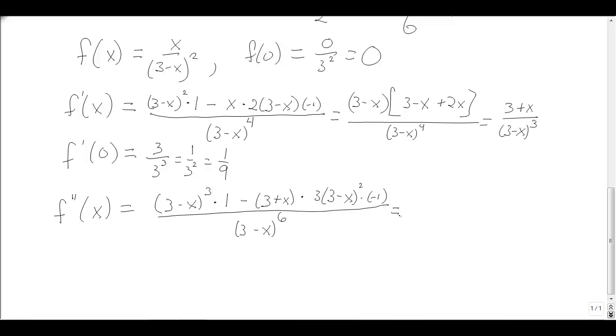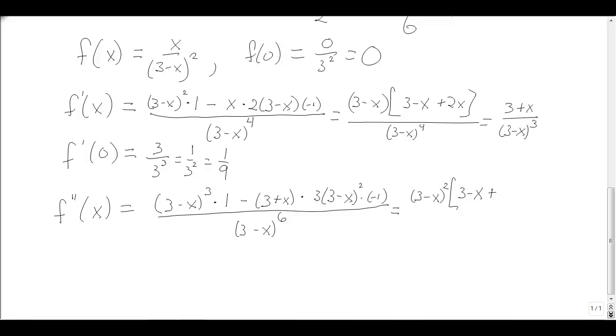And then we can do the same thing we did with the first derivative. I can factor out some of my 3 minus x's. Note I have a 3 minus x cubed and then a 3 minus x squared. So I can factor out a 3 minus x squared. On the left, what I have remaining is 3 minus x. On the right, I have a minus 1 times a negative, that's plus. So I'll get a 3 times 3 plus x.